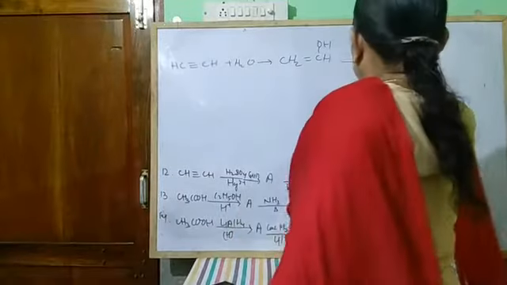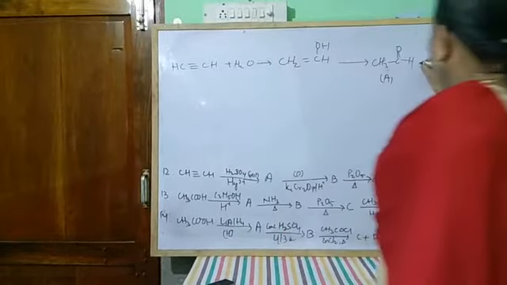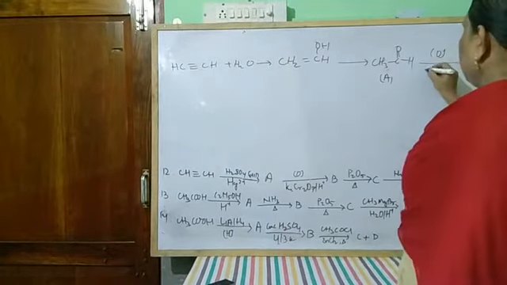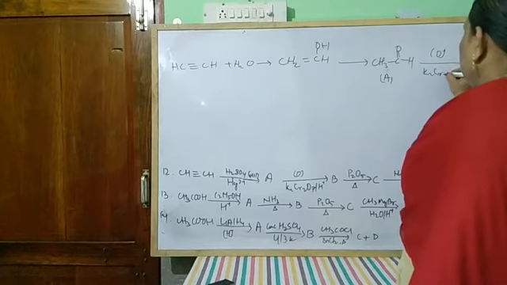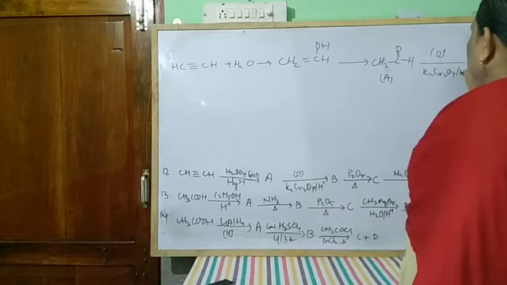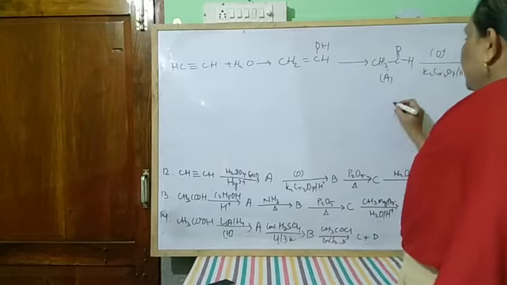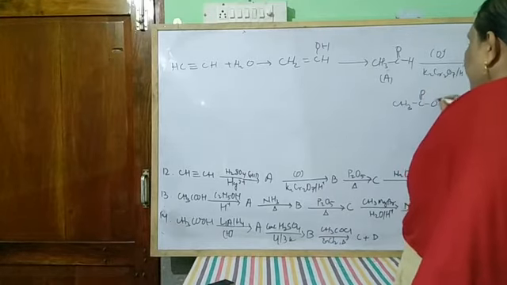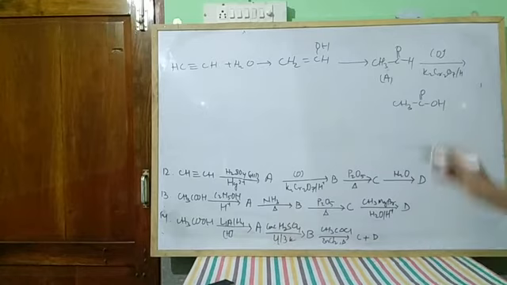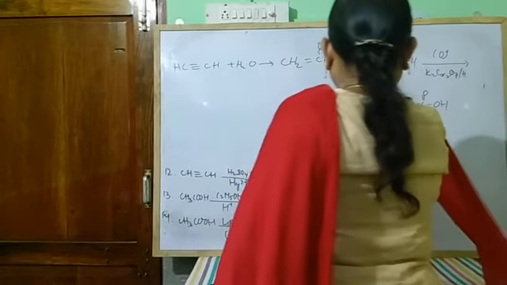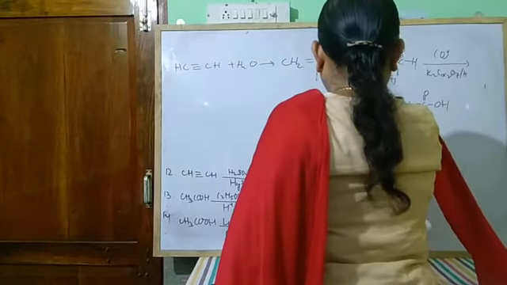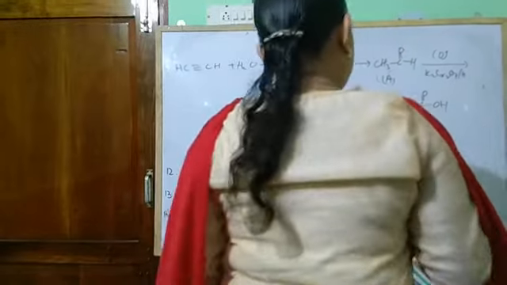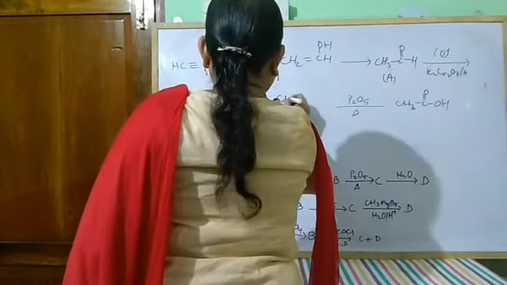So this one is A, and when it undergoes oxidation, it forms acetic acid. Acetaldehyde undergoes oxidation to form acetic acid, and when acetic acid is heated with phosphorus pentoxide, it forms acid anhydride.